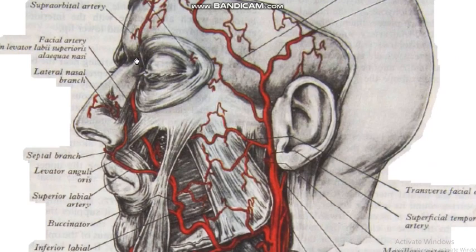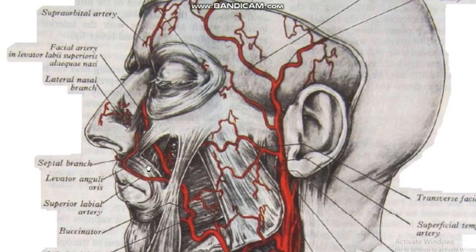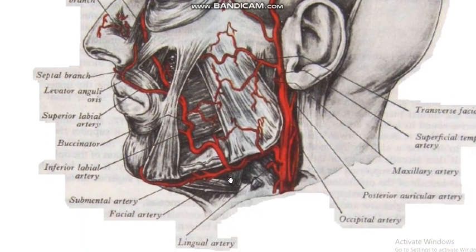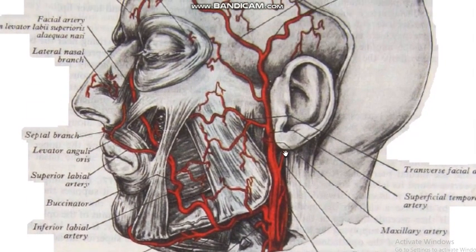So a number of sensory branches are supplying the face, and these sensory nerves all have accompanying small arterial branches, and they are anastomosing with this facial artery. Again, the facial arteries of the two sides are connected to each other. Through the facial artery, the internal carotid and external carotid communicate with each other, and you have already seen that there are multiple anastomoses in the cervical branch of the facial artery.